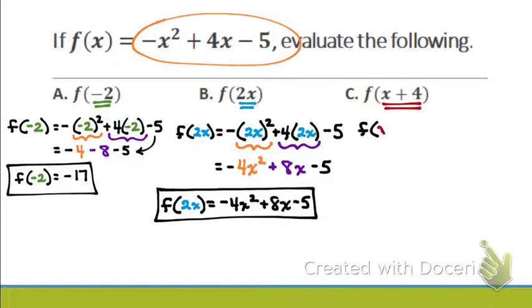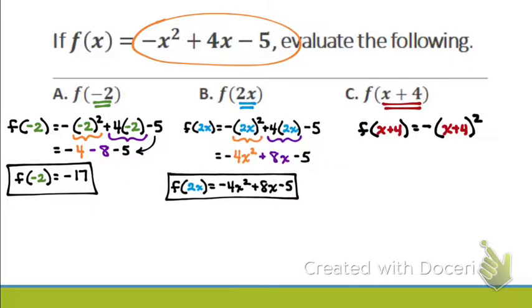So f of x plus 4 is equal to negative, and then I do x plus 4 whole quantity squared, plus 4 times x plus 4, and then at the very end, minus 5.